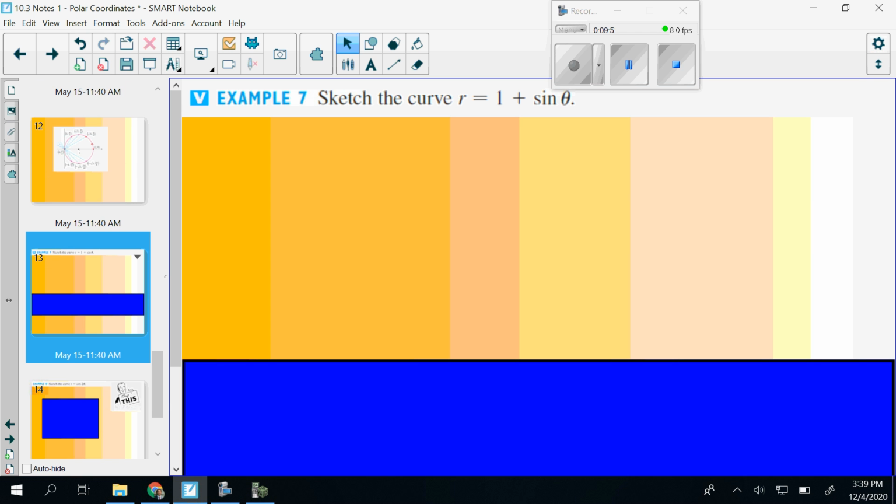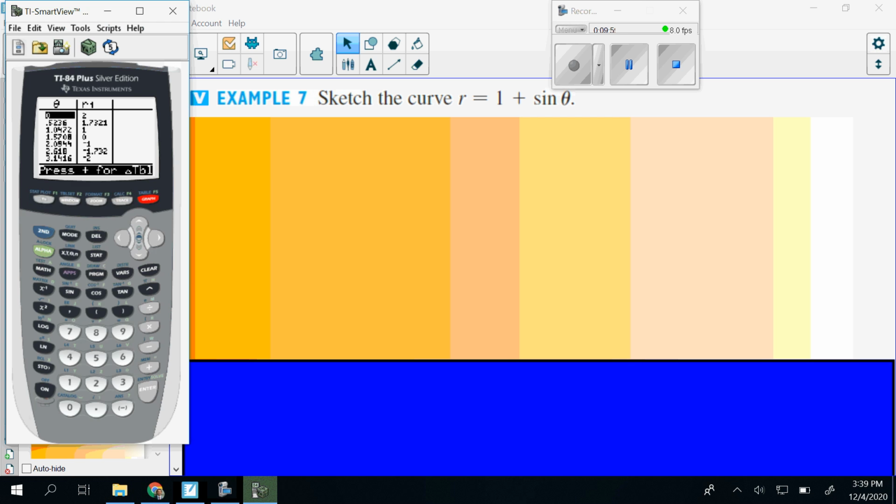All right, let's try some more here. Let's sketch the curve of r equals 1 plus sine theta. Let's use our calculator again to help us out. So we're going to go back here to the calculator. Let's type this one in. So 1 plus sine of theta, and we're going to hit graph.